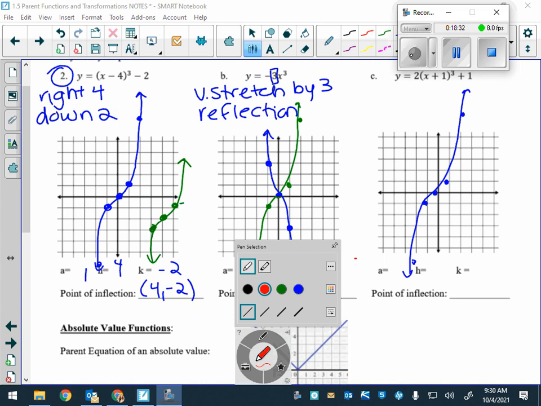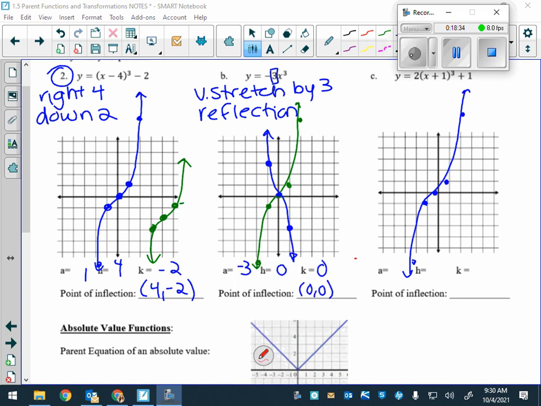Okay. So for C, KM, what is my A value? 2. Good. Campbell, what's my H? Good. K, Catherine. 1. Good. Point of inflection, Tommy. Good. -1 and 1. Okay. What types of transformations are happening?